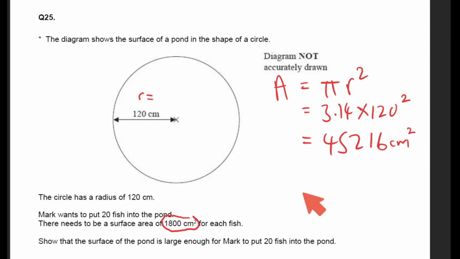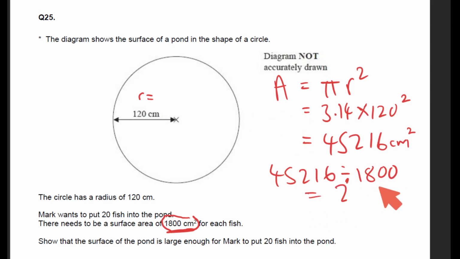Each fish needs 1800 centimeters squared. I want to see how many fish can fit into that pond, how many 1800s fit into this big number here. So it's a divide question. That gives you 25.12.